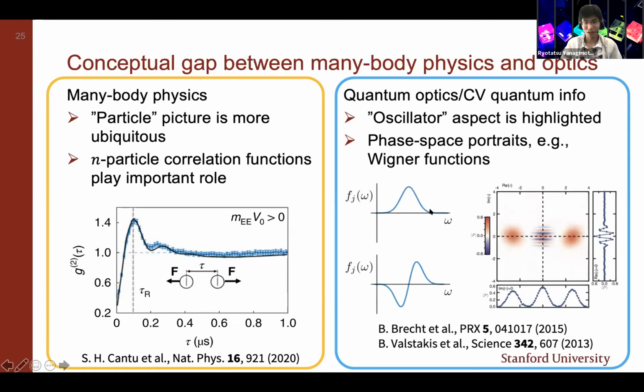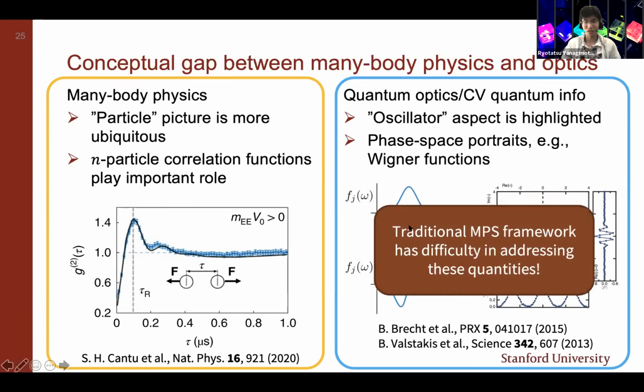So let's say when we have a pulse supermode, the question is, what is the quantum state that is populating a pulse that is propagating in a nonlinear waveguide? Due to the non-local nature of these states, like pulses, the traditional MPS framework has difficulty answering these questions. The traditional framework cannot answer the question of what is the Wigner function of a quantum state that is populating a certain pulse supermode.